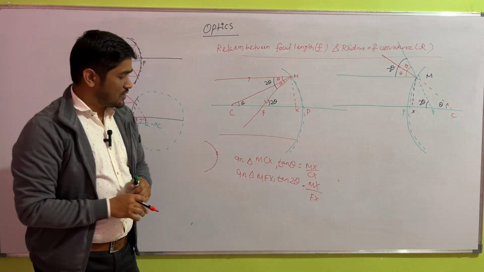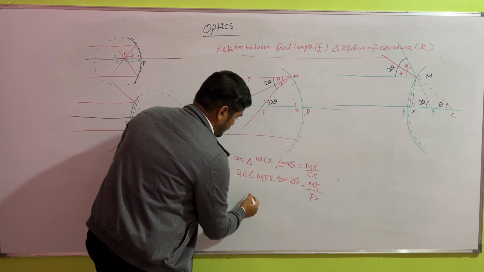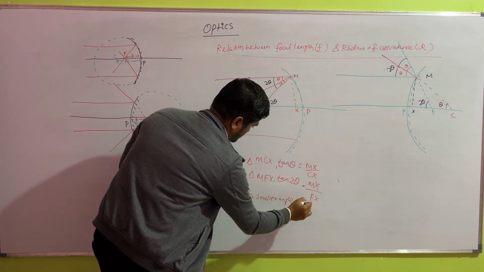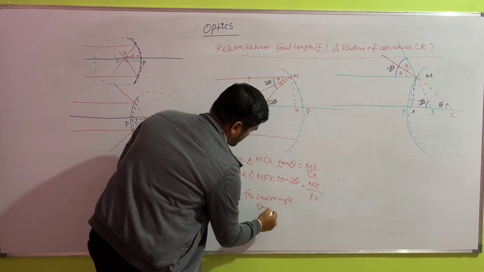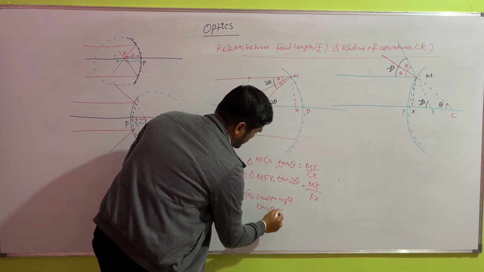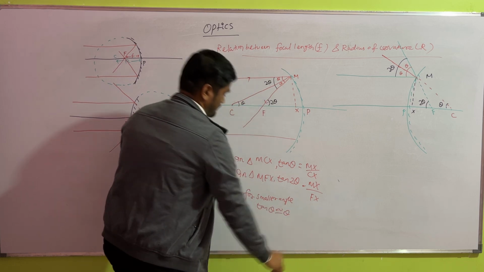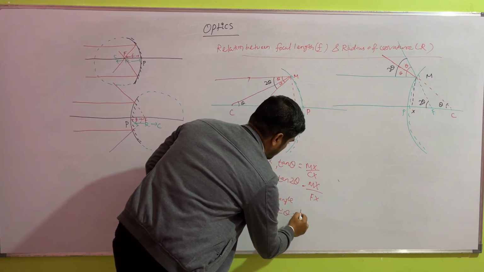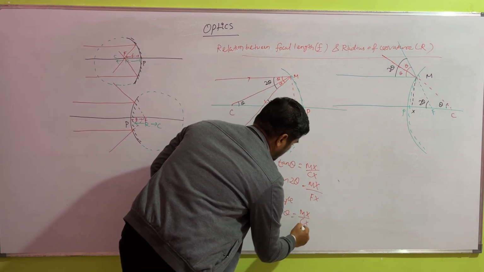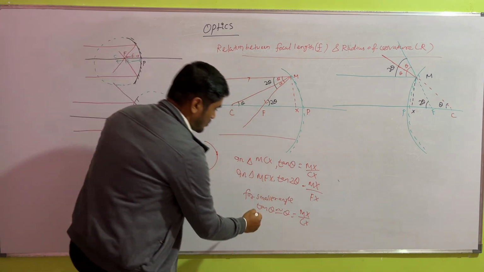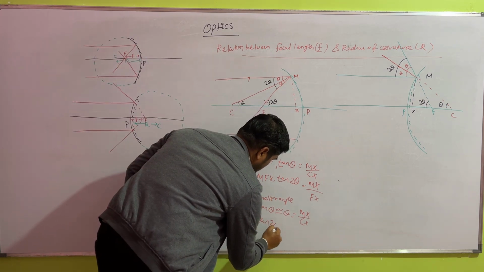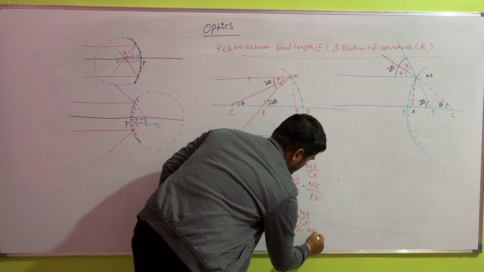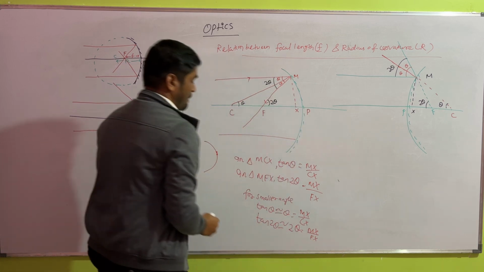And we know for smaller angle, tan theta is nearly equal to theta. And here tan theta is MX divided by CX, like tan 2 theta is nearly equal to 2 theta, which is equal to MX divided by FX.